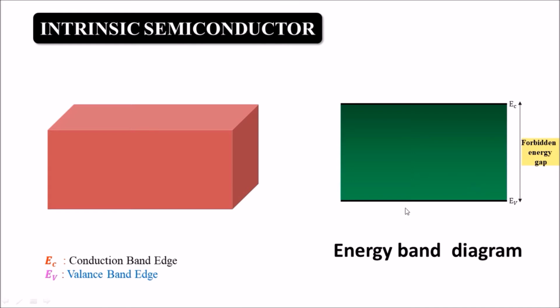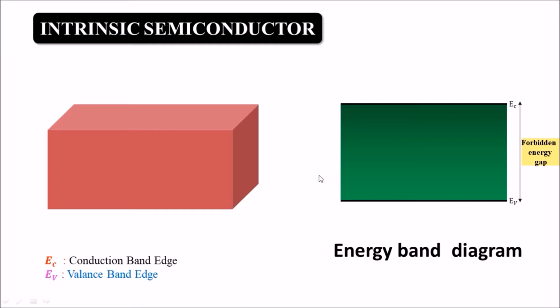This is its energy band diagram, and this EV is the valence band edge, and the valence band will exist below this EV, and this is the conduction band edge EC, and the conduction band will exist above this EC, and the gap between EC and EV is called the forbidden energy gap.